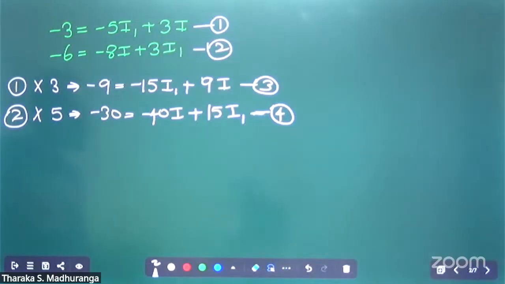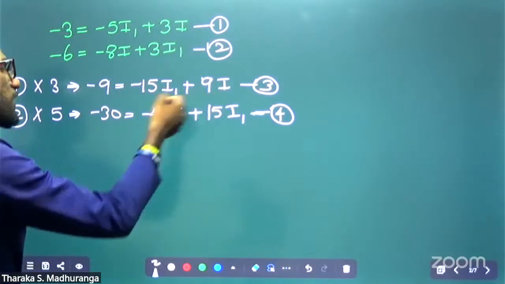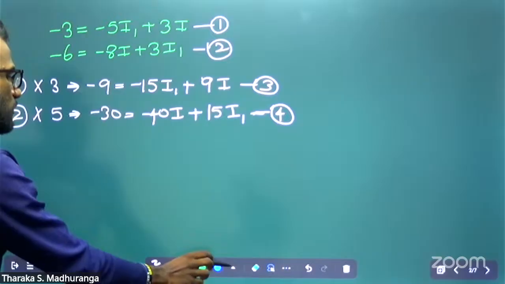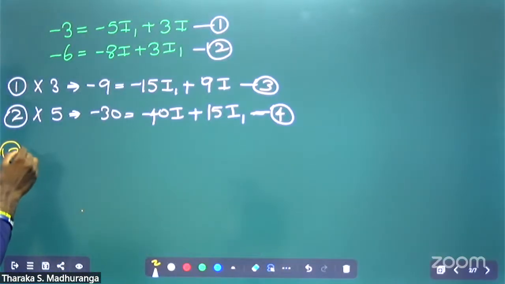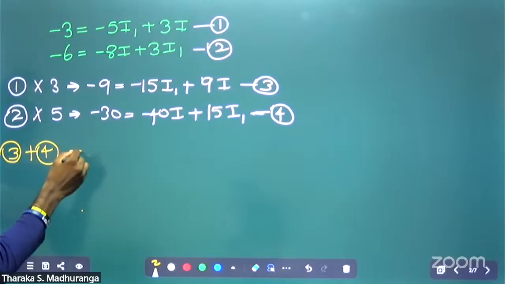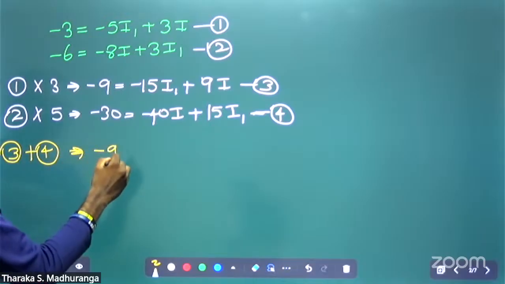Now the I1 coefficient is the same with different sign. Then we can add both equations, the third one and the fourth one.